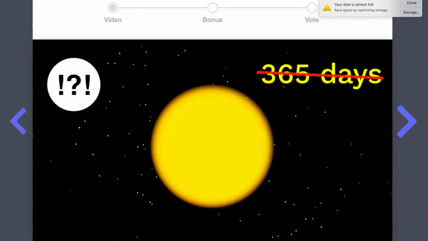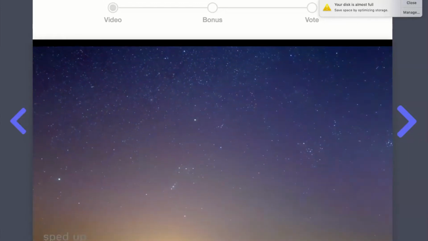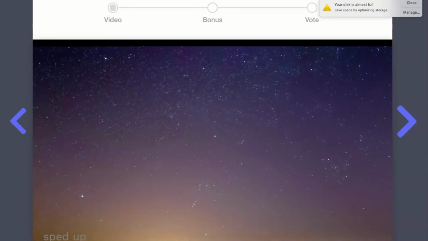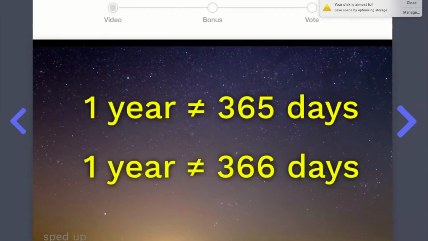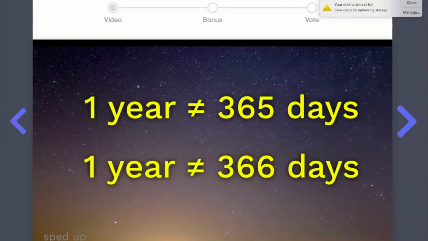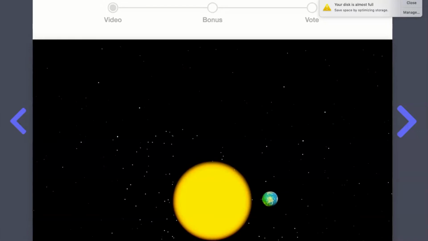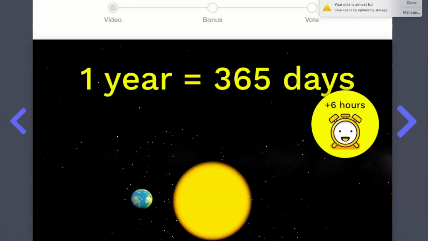Well, it's just not exactly 365 days. 365 is just a close number. You see, when ancient astronomers studied the sky very carefully, they were able to figure out that 1 year isn't quite 365 days. It's not 366 days either. It's somewhere in between that. In fact, it's about 365 days plus 6 hours.